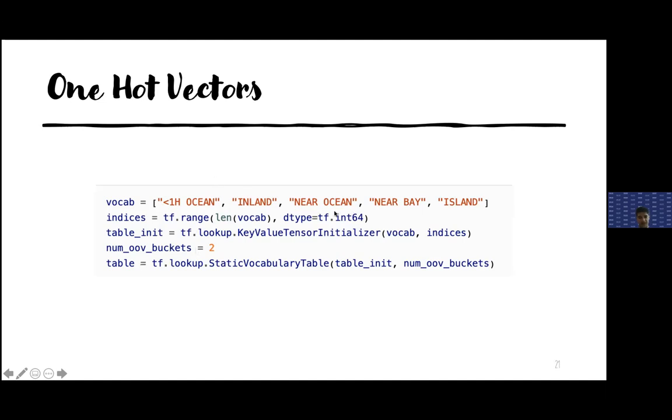But with the new TF dataset form and TF record format, this might not always be the most efficient, because the whole impetus behind TF datasets and records is saving space. So let's say you have a dataset with 10 vocabulary words, or in this case, we have 5 vocabulary words.